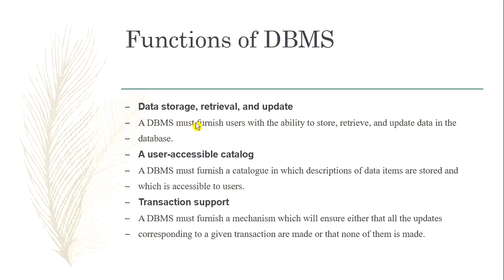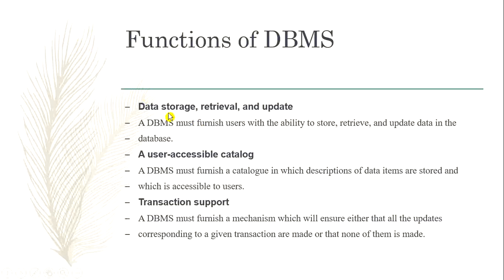So we know that a database management system is software that is used to interact or communicate with the database. It is a very important part of a database system because it helps to store, retrieve and maintain data in our database.